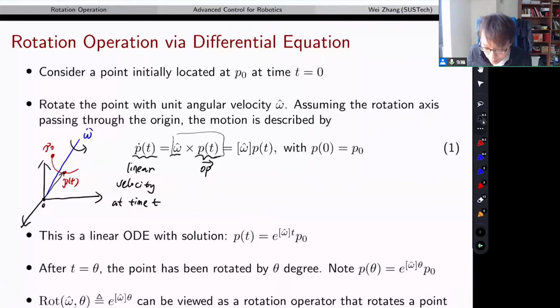And we have learned cross is nothing but a linear operator, which can be represented by a matrix, a skew symmetric matrix. This is our skew symmetric matrices, let's say 3 by 3, little so(3). It's a matrix times a vector. And we also know we start at time 0 at P0. So overall, you see we have a what?